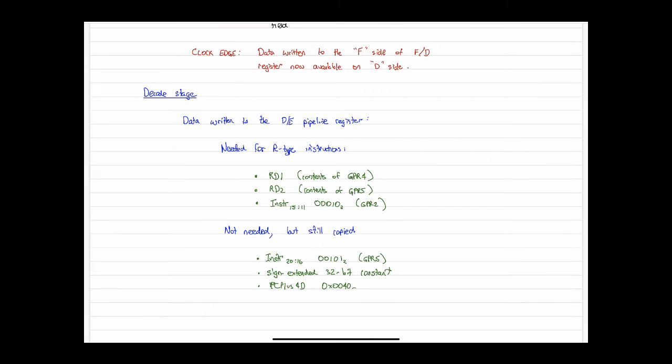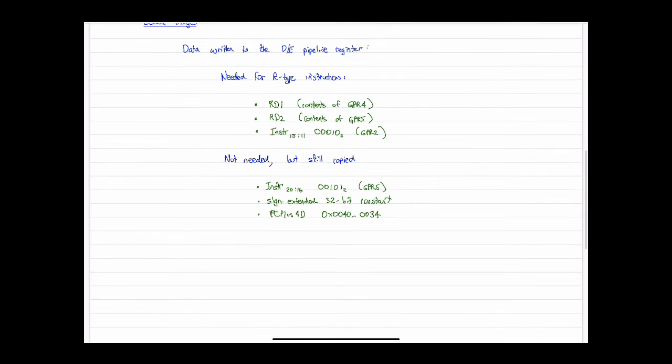And we're also passing along the program counter, PC plus 4D now, D because it's in the decode stage. Again, just to summarize, this last bit of information might be needed for some other instructions, but we don't need it for the R-type. So it's there for compatibility.